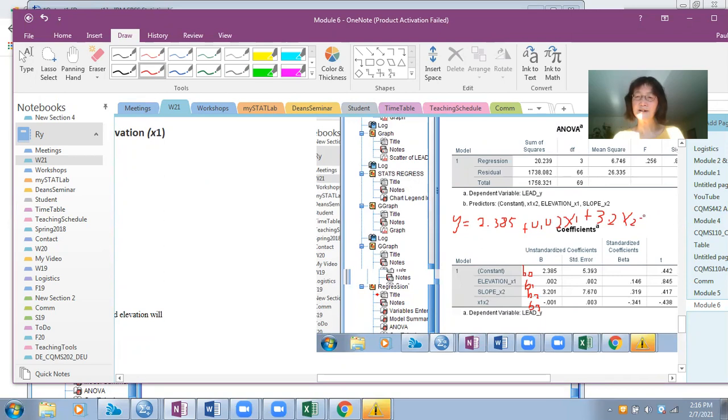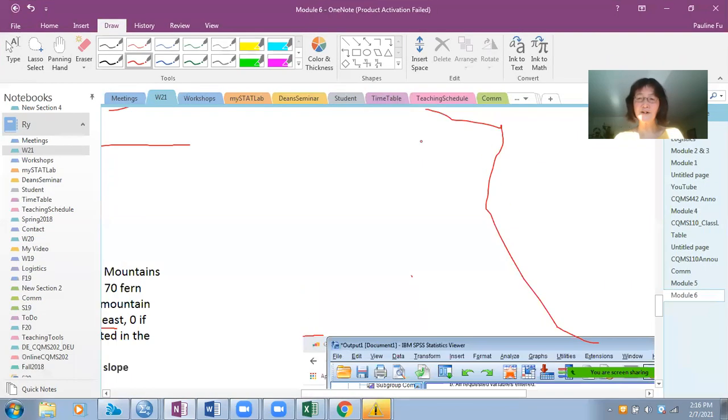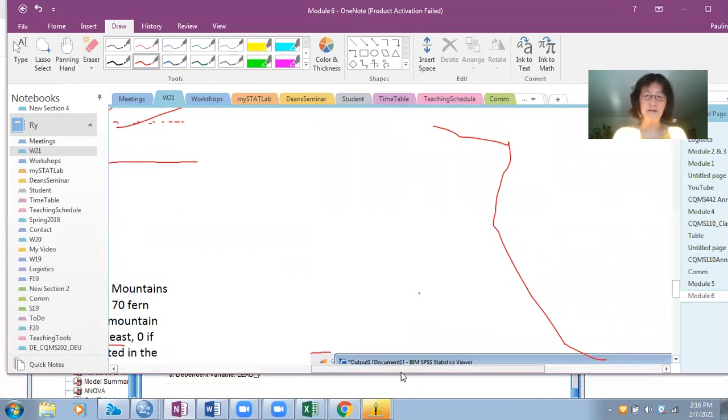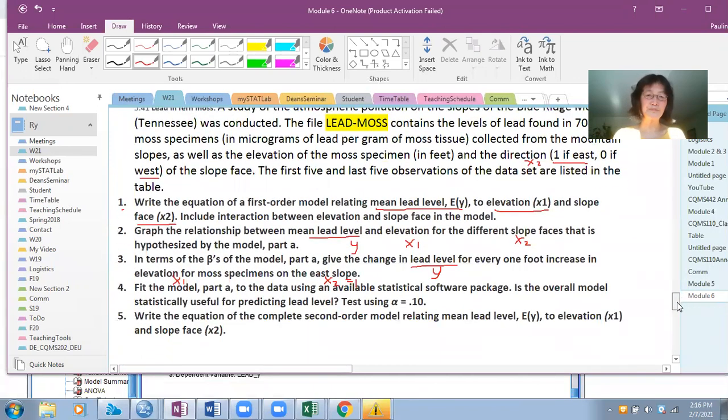And then negative 0.01 times x1 times x2. So that is the model. All right. So let's look at the question where we are. So I did step 4.